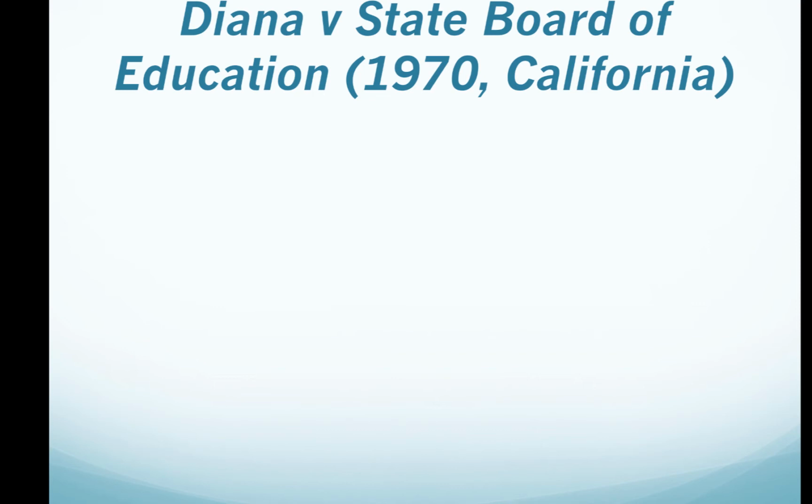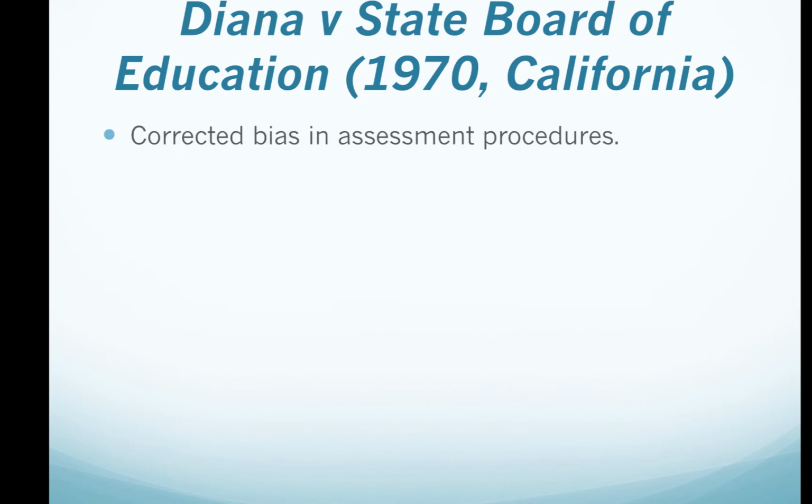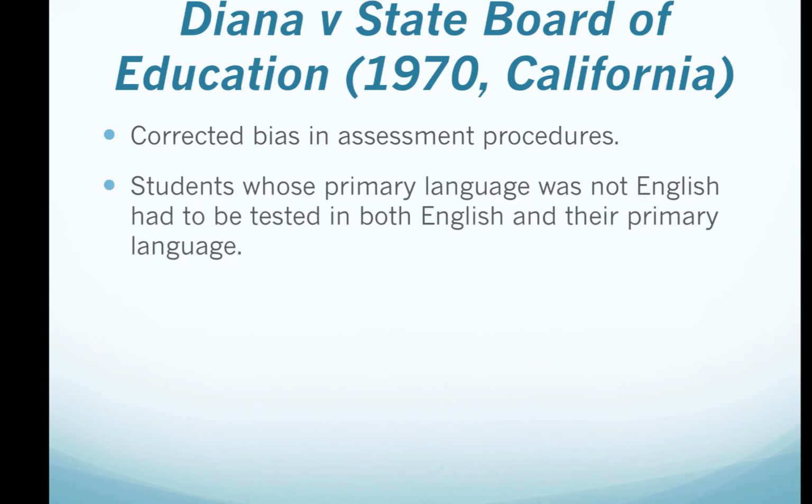There were students in California of Hispanic origin who spoke Spanish, and California was using a single test to identify students with a disability, and it was given in English, not in their native language. So there was a lawsuit filed, and it changed the way we do assessment today. And so that's really important. It corrected a bias in assessment procedures.